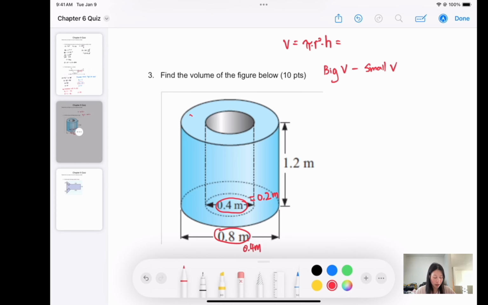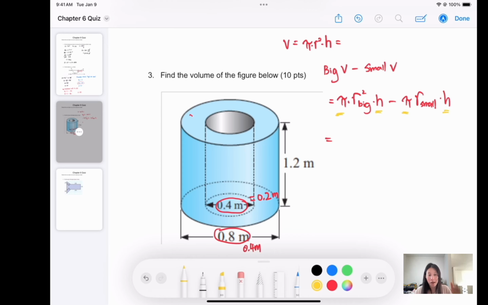So the big volume uses the same formula, which is pi times the big r squared times h, minus pi times the small r squared times h. So the common factors are pi and h.